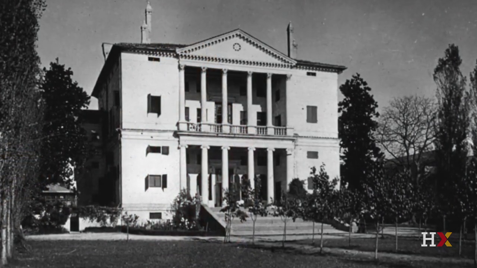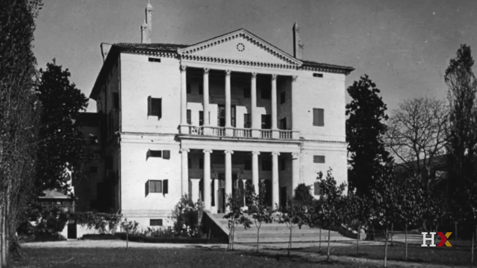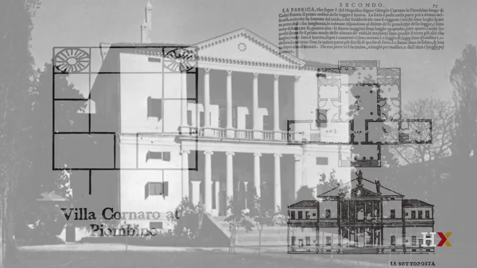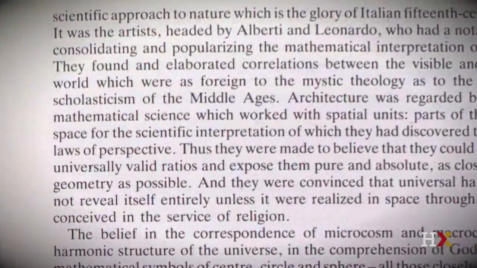He looks through the complex appearance of a building like this in all its three-dimensionality and distills it into its most basic elements through plan, sometimes elevation. In other words, he develops a syntax, a language of form. He's interested in Renaissance architecture as, and these are his words, an explicitly mathematical science which worked with spatial units.